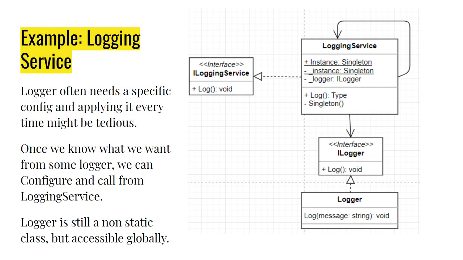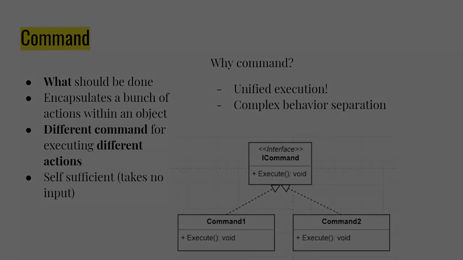So it basically means that I have an instance to itself. Logging service holds an instance to logging service. I forgot to rename the constructor and instance. Instance, it says, is of type logging service, and I create logging service.